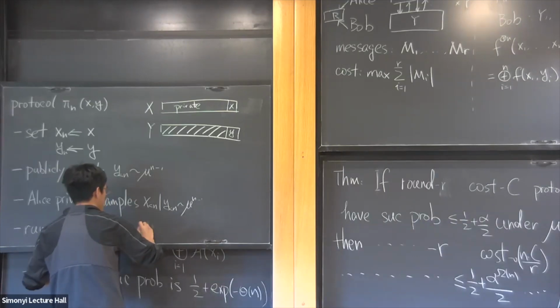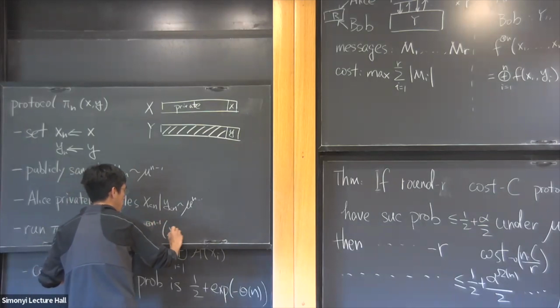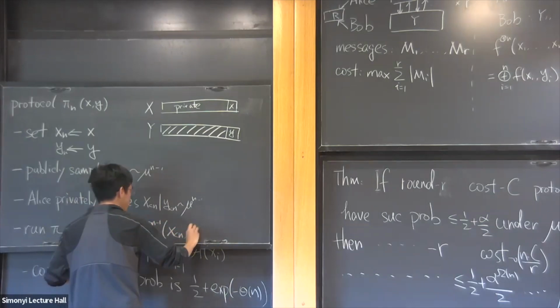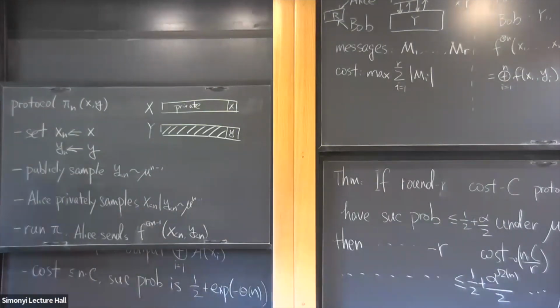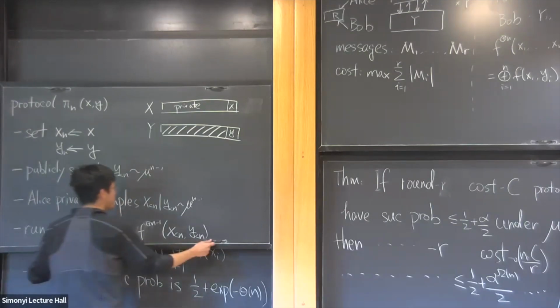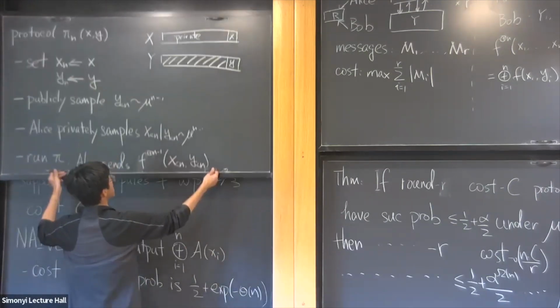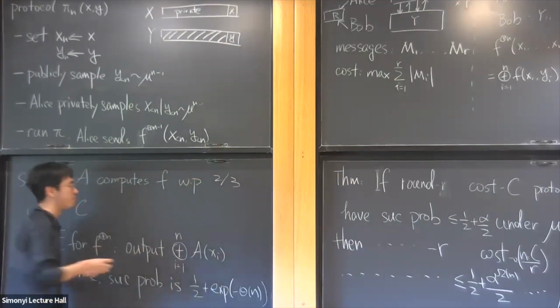So let me just write it. Right? So I claim that if pi computes the XOR of all n coordinates, then this is a protocol that computes the f value of the last coordinate.